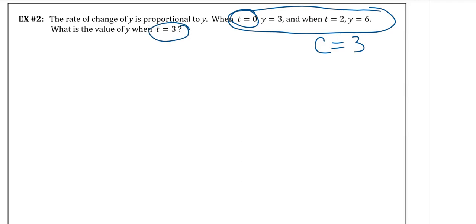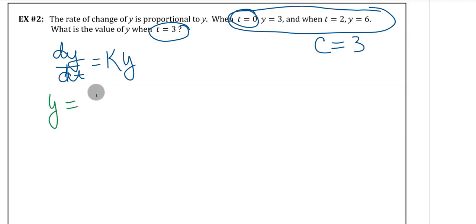So let's set up our differential equation. So we have dy/dt equals ky. So I'm just going to go ahead and write that y is equal to ce to the kt. And you can do that.